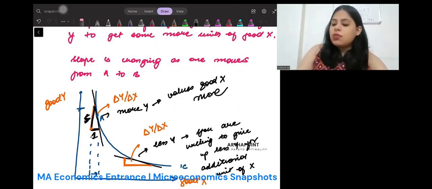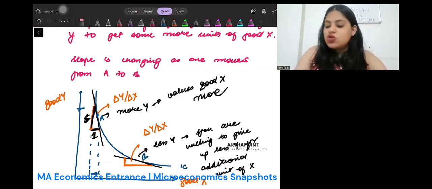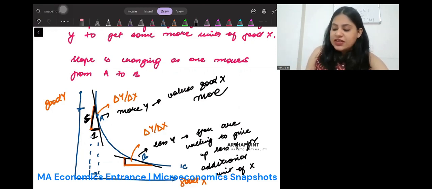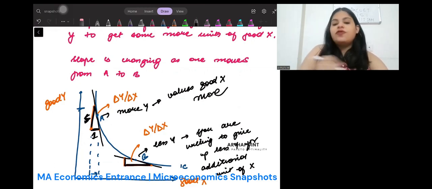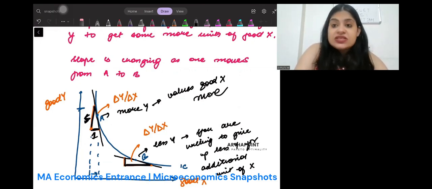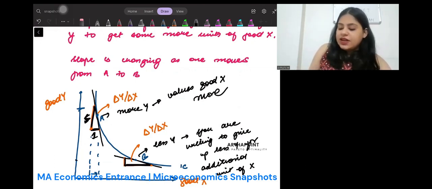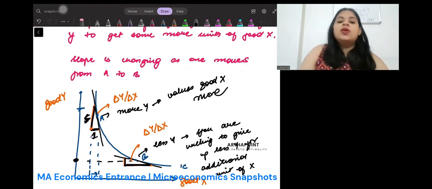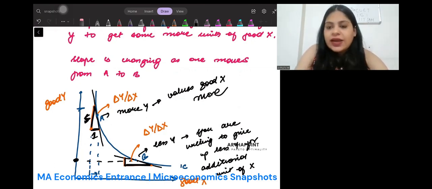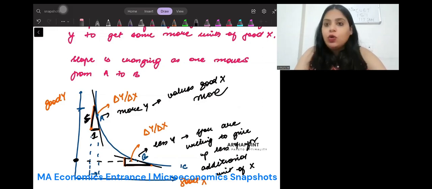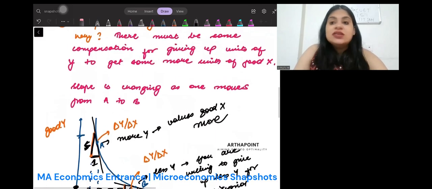But now let's talk about point B. At point B, the consumer is only willing to give up very little good Y for an additional unit of good X. And the reason is that he is left with very little good Y. So he cannot give up too much of good Y. He has started valuing good Y more because he has less of good Y. So the MRS diminishes.